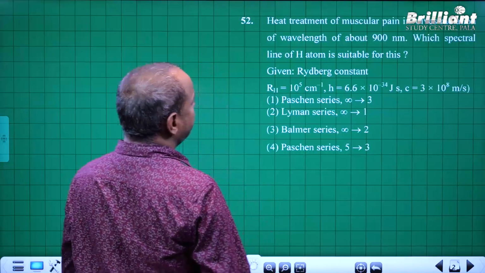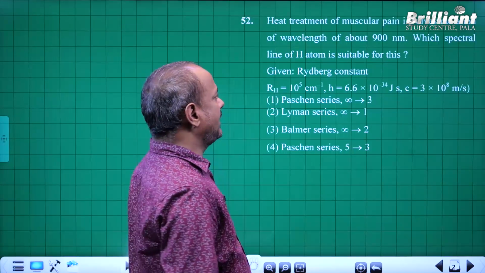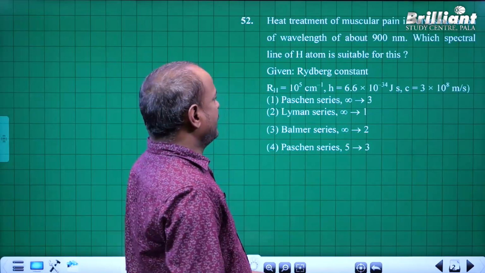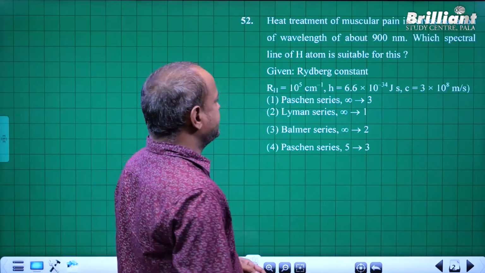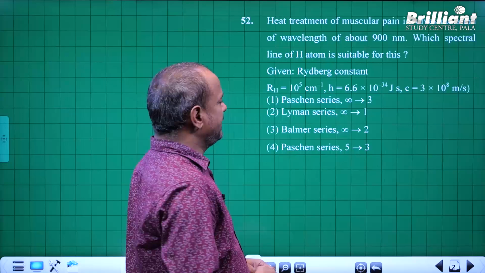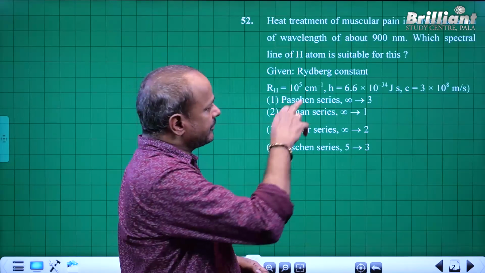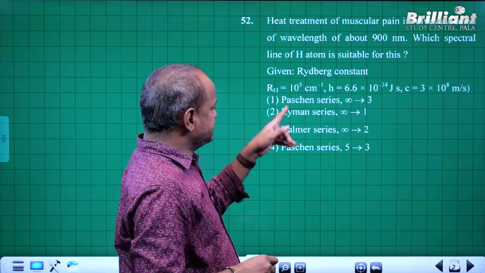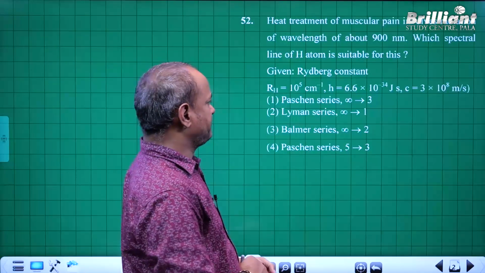heat treatment of muscular pain involves radiation of wavelength about 900 nanometers. Which spectral line of the hydrogen atom is suitable for this? So, wavelength is given, find the energy corresponding to a suitable transition to give that wavelength.